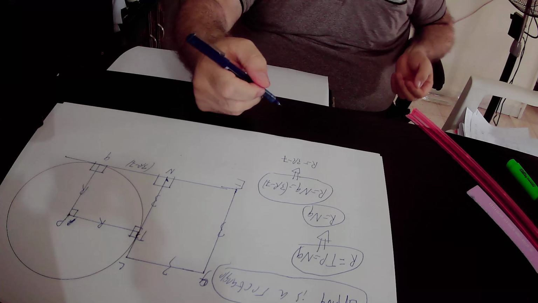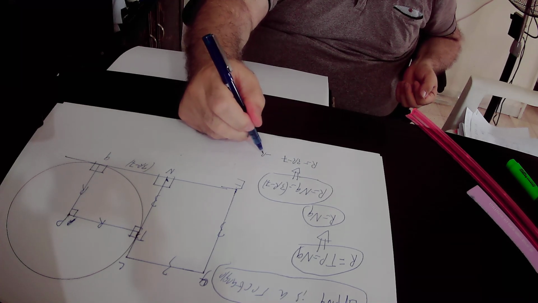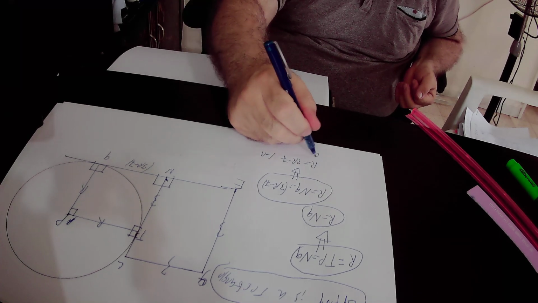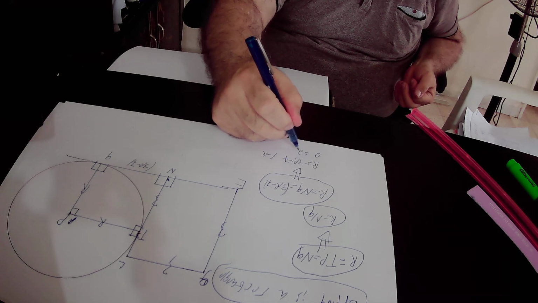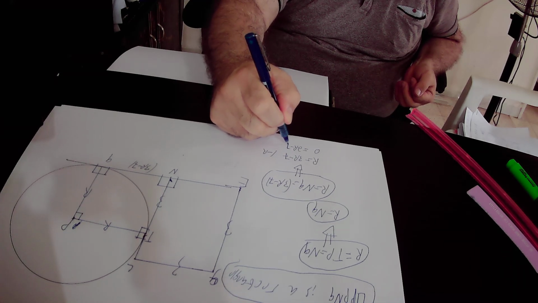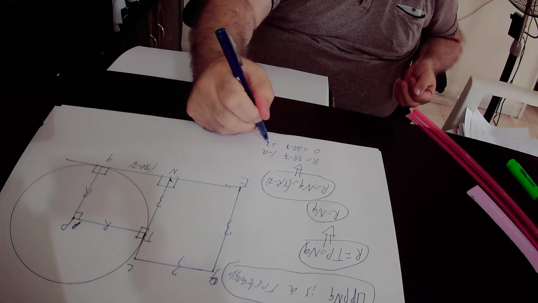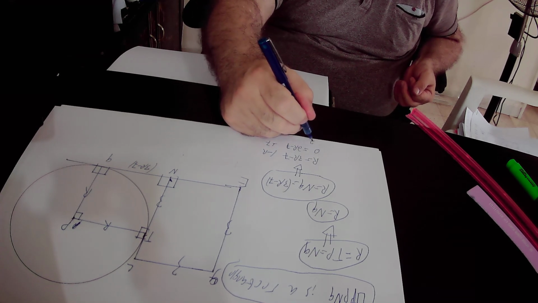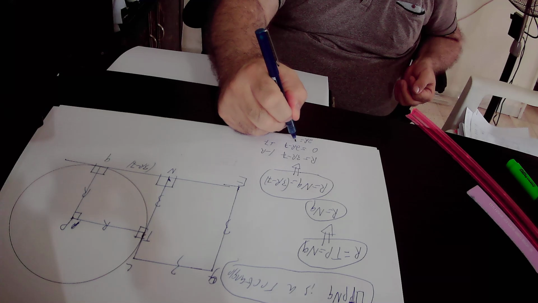Okay, so here we subtract R from this equation and we get that R minus R is 0, 3R minus R is 2R minus 7. So here we add 7 to this equation and we get that 2R equals 7.